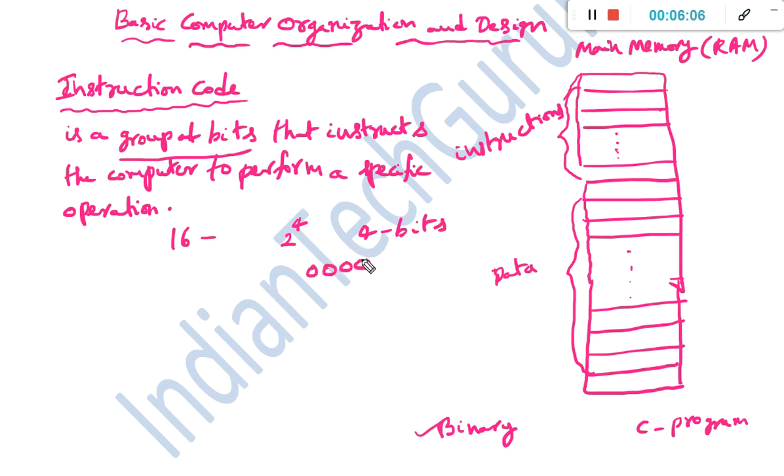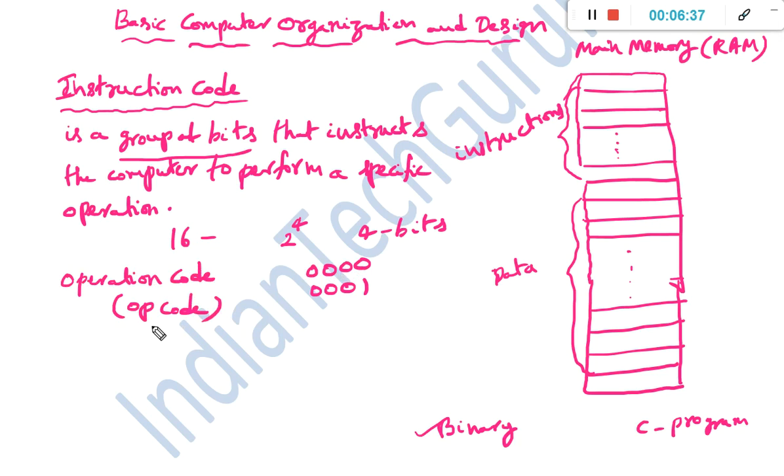So 0000 will represent one instruction. 0001 is going to represent one instruction. So like that it is going to represent. So the code that is actually representing a particular instruction is called an operation code. It is called as an operation code. So in short, we sometimes say opcode.